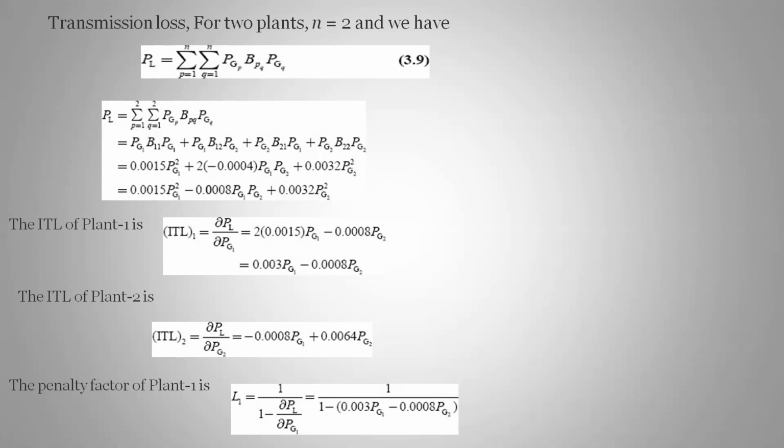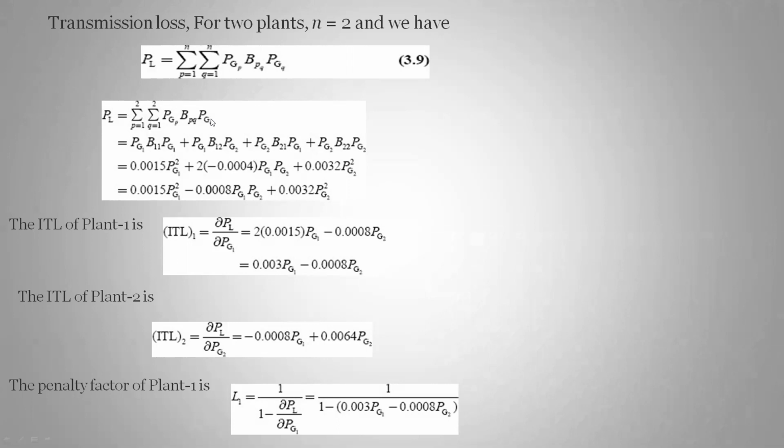If the given cost curves were C1, C2, C3, you would take three plants, N equal to 3. Because here you are taking N equal to 2, power loss is equal to sigma P equal to 1 to 2, sigma Q equal to 1 to 2, PGP, BPQ, PGQ.